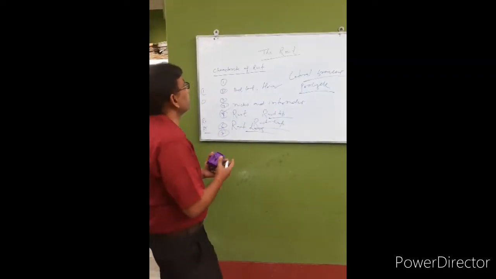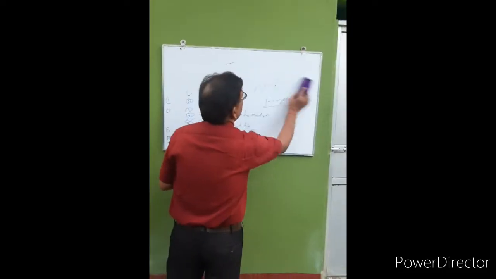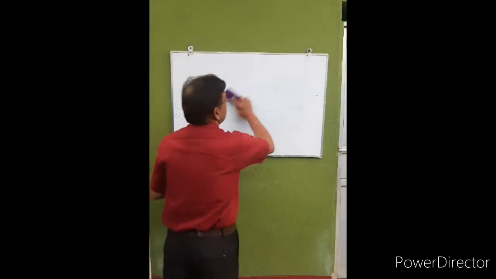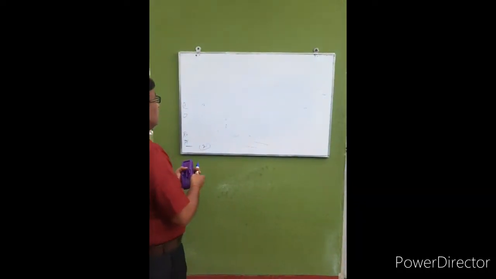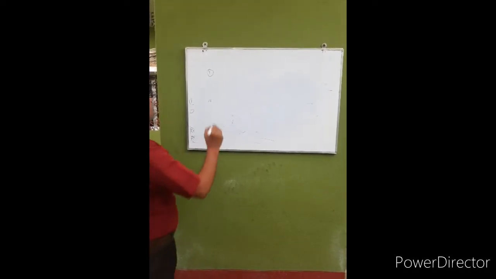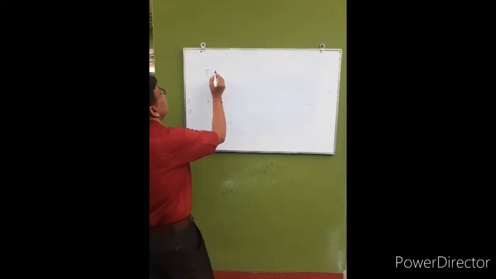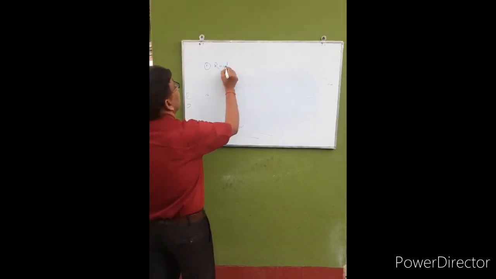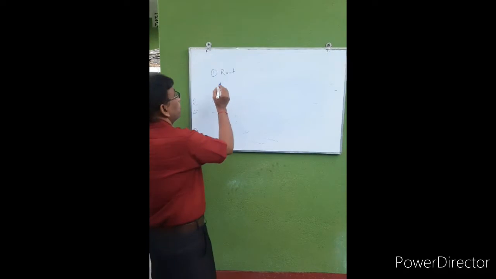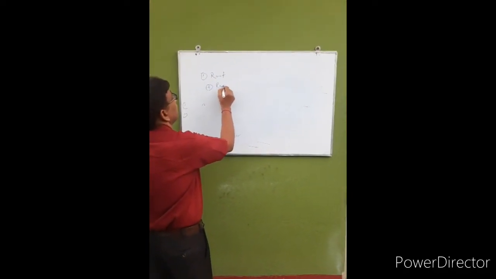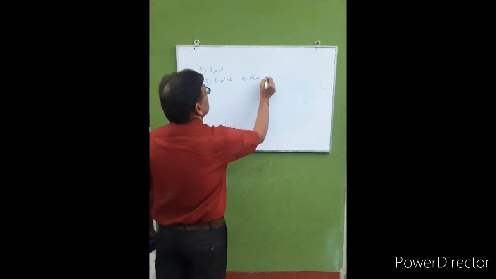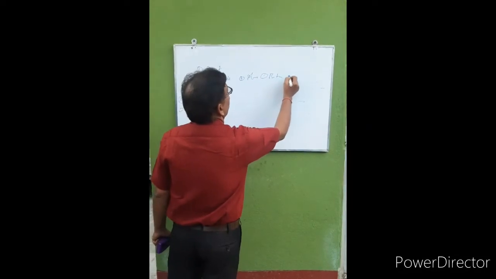Now some questions which arise from this topic. First question, an MCQ: root arises from. First option is radicle, second option is plumule, third option is both, and fourth one is none.